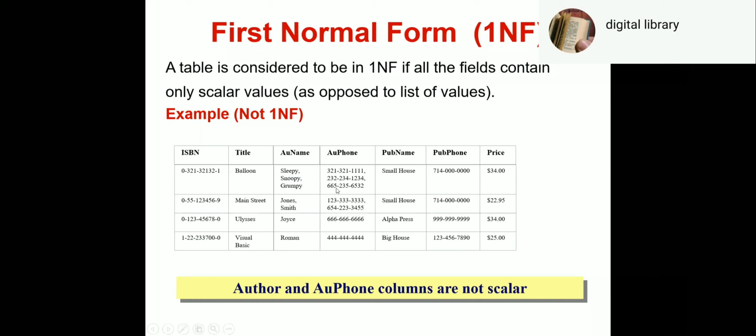Same thing with phone number. I'm storing multiple phone numbers in the same row. So these two columns don't have scalar values, which means this table is not in first normal form. Correct?